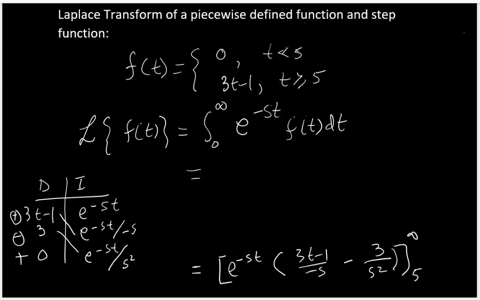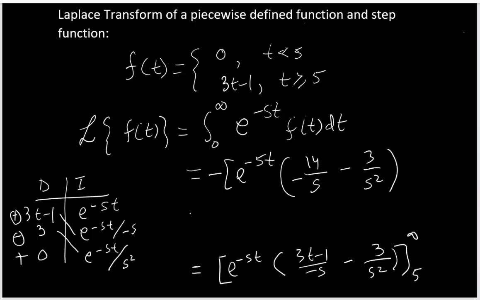When I plug 5 for t, you have a negative here, e to the negative 5s, and then 15 minus 1, which is 14, over negative s, and then that one will give me 3 over s squared.